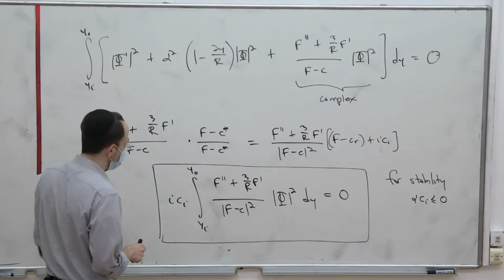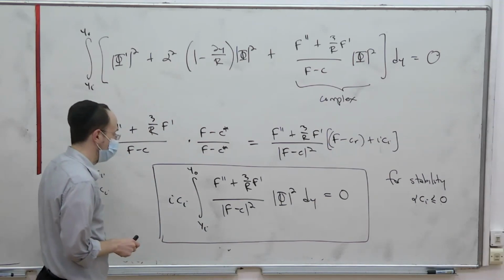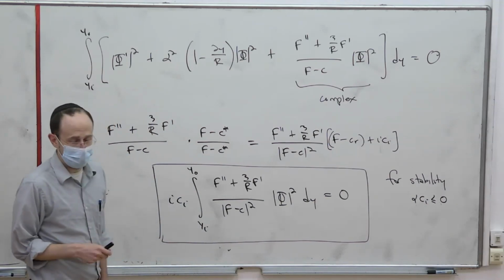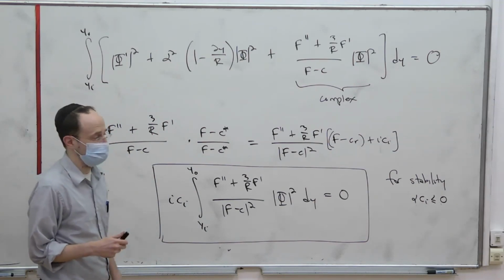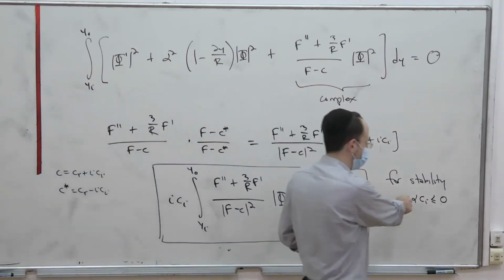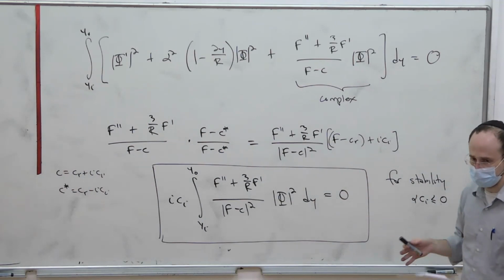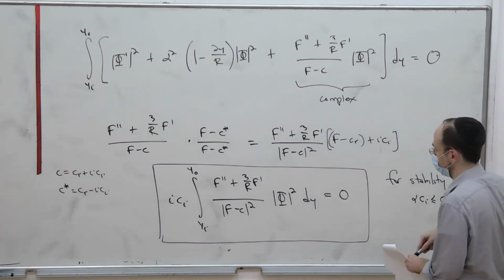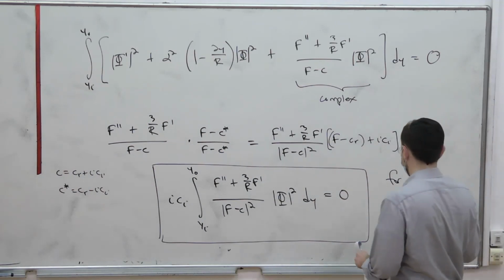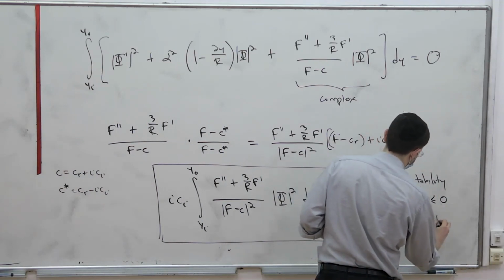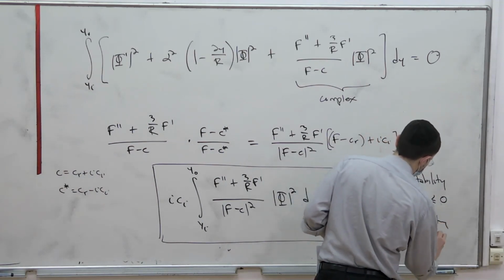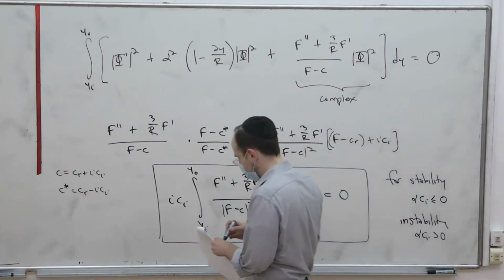So what does that mean? The flow is unstable, c_i is not equal to 0. c_i is positive if it's unstable, assuming just for a second that alpha, this wave number, is some non-zero number, non-trivial, right? So for instability, just the opposite: alpha c_i is greater than 0.